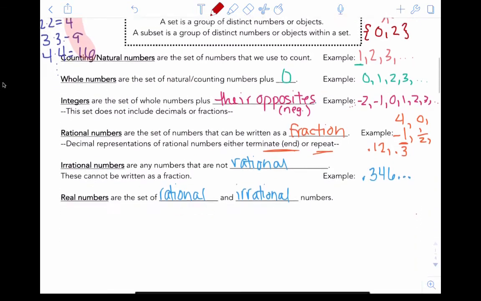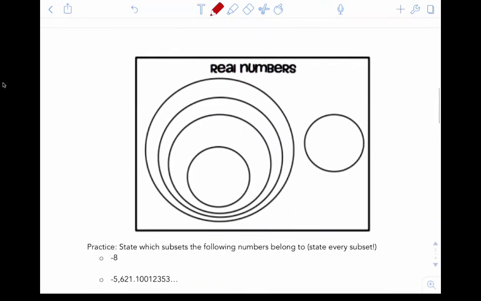All right, so let's go ahead and flip this paper over, and we're going to look at a different way to visualize this real number system. Here in this box, I have all my possible real numbers. So this is my real number system in here. I'm going to start with that smallest number again.